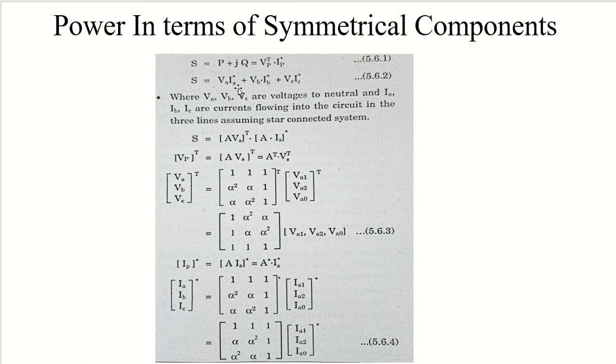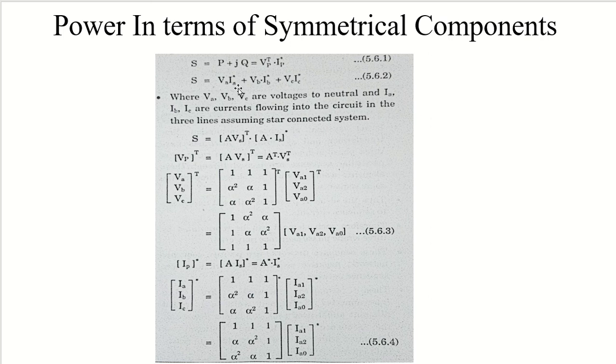So for three phase, you can take the summation over all three phases: if your three phases are A, B, C, then S is equal to VA IA star plus VB IB star plus VC IC star, right?